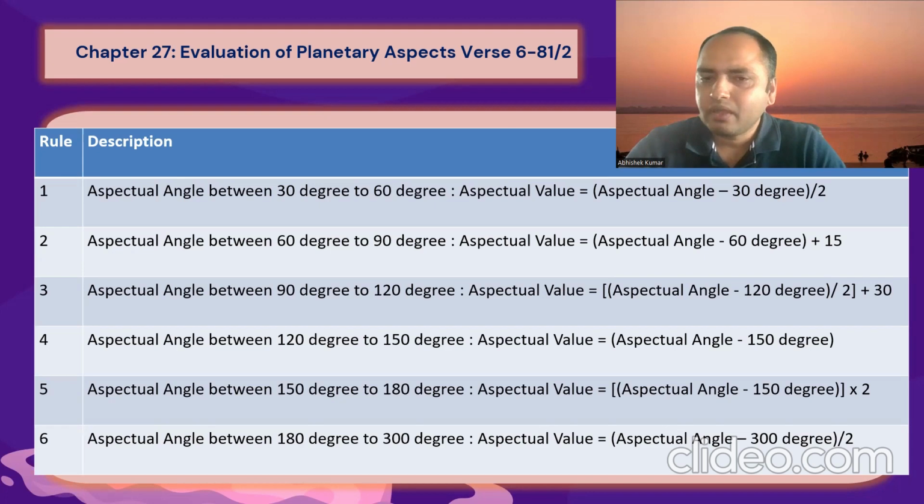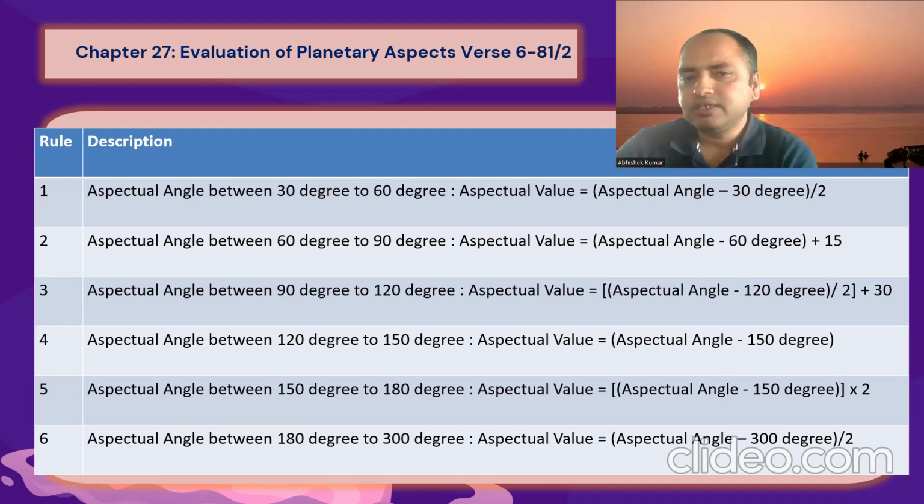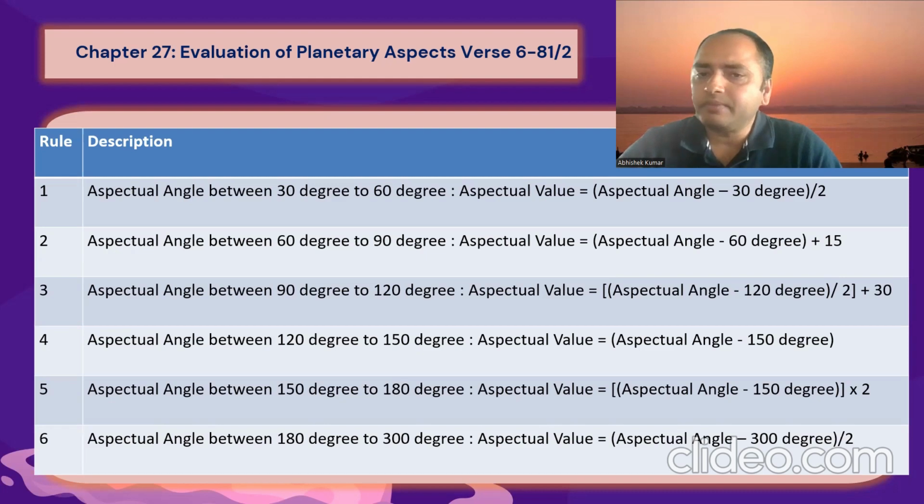But what will happen if the aspectual angle is between 300 degrees to 360 degrees? In that case, there is no formula, nothing. The aspectual value is zero. So these are the rules.